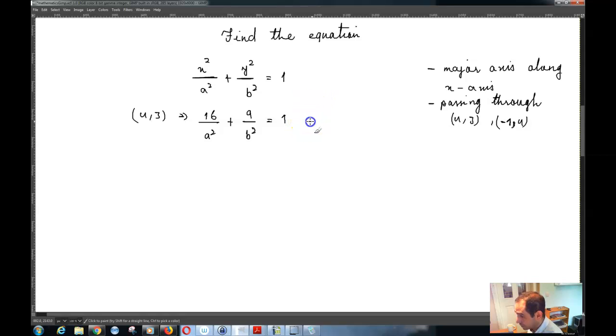So this is one equation. Also the same ellipse passes through the point (-1, 4), so you can write 1 over a squared plus 16 over b squared is equal to 1. This is equation number 2. If you solve these two equations, you will get your A and B.